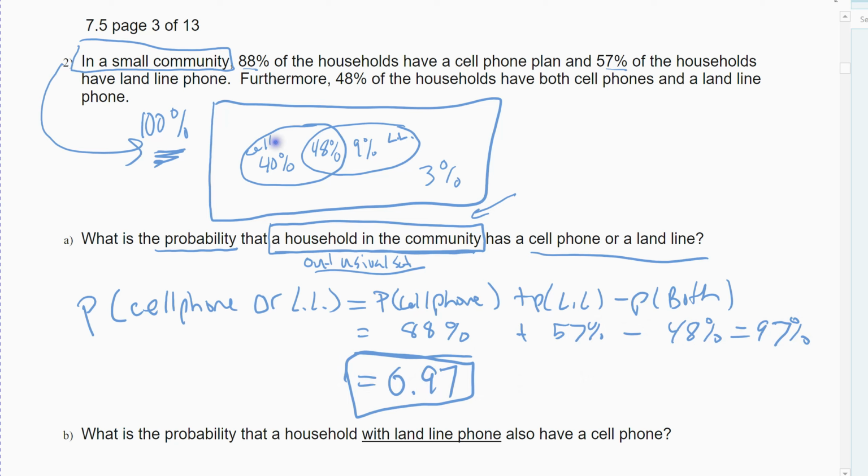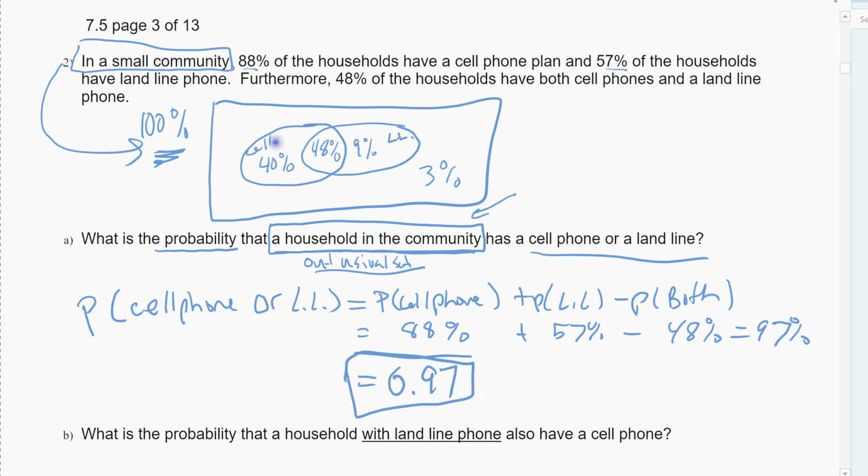Well, that's that 3% out here, right? That's why Venns are kind of nice. 3% chance. If you did do this with a formula, it would be the probability that you have none of the phone types, so probability you do not have a cell or a landline.